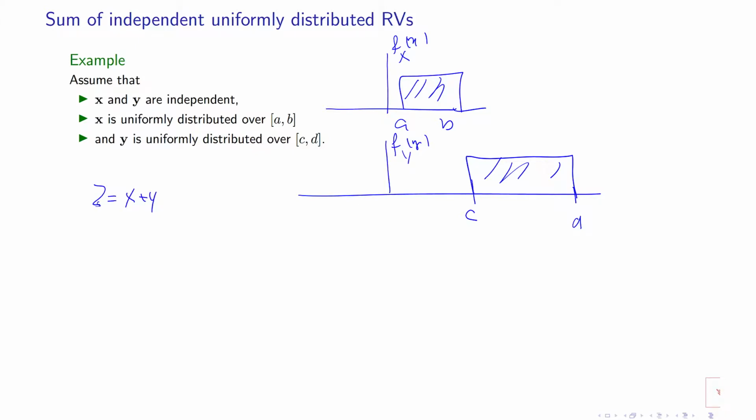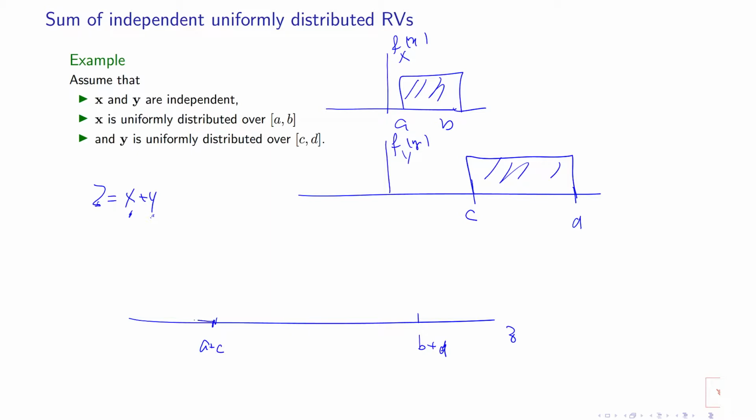intuitively we know that the maximum value that X can take on is b, and the maximum value that Y can take on is d, so the maximum value of the sum is b plus d. The minimum value that X can take is a, and the minimum value that Y can take is c, so the minimum value of the sum is a plus c.